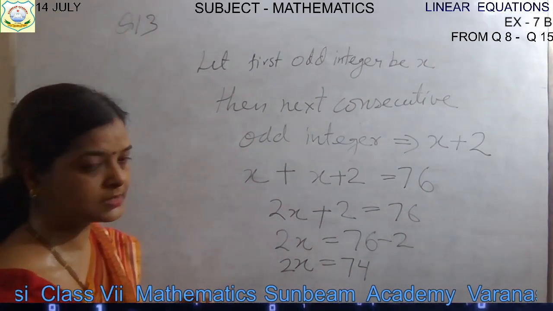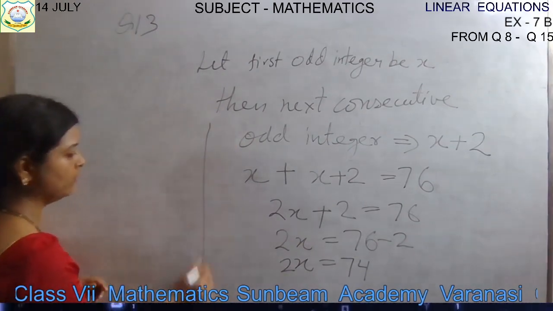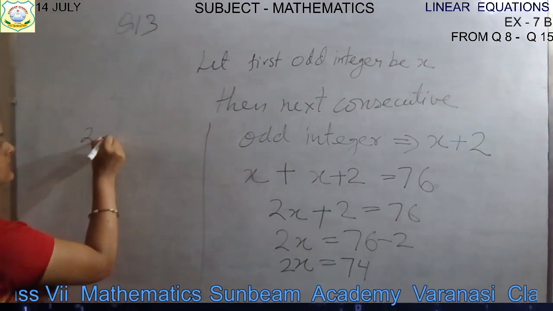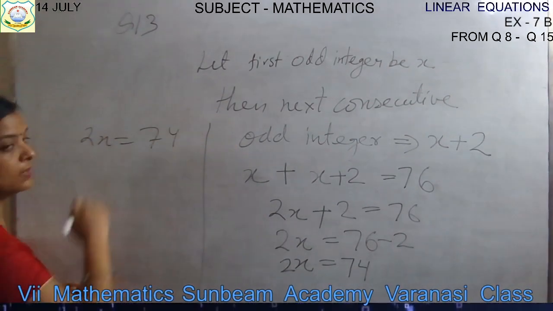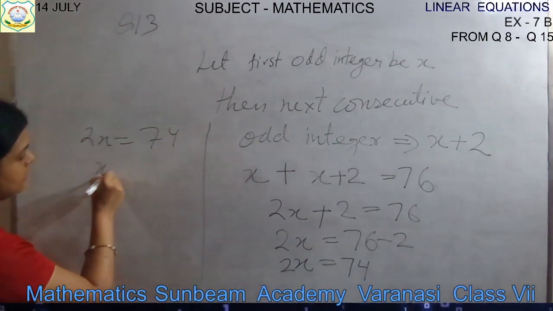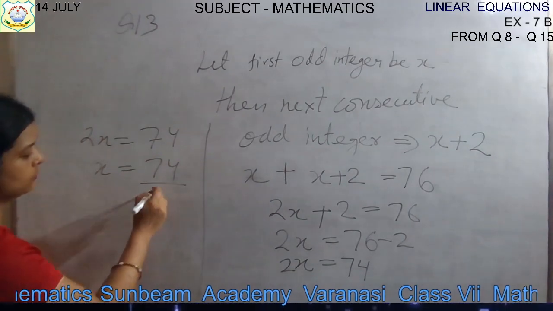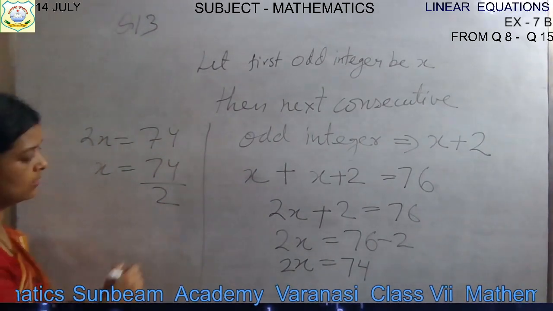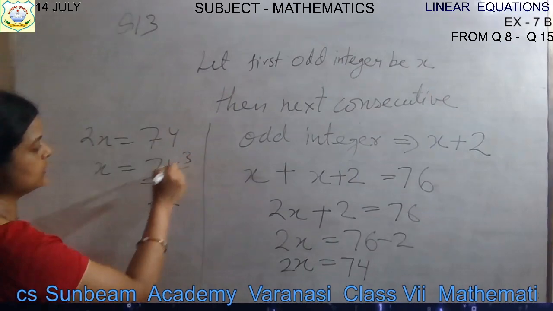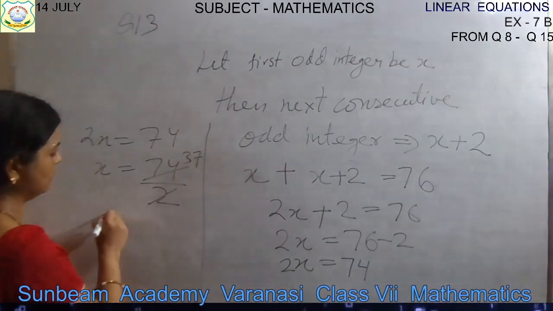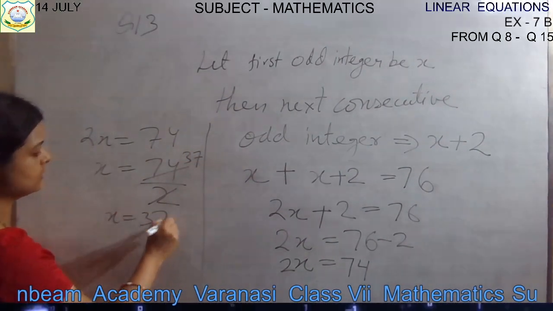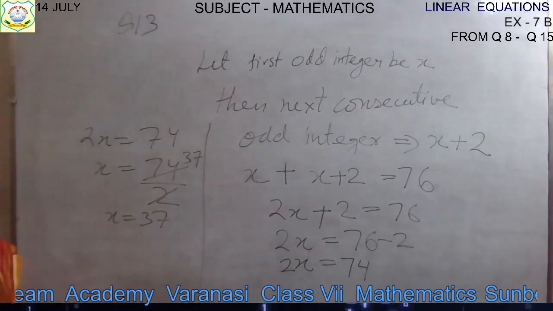Still some steps are left. This was my last step. So x is equal to 74 by what? By 2. This 2 will transpose here. Now simplify it. 2 3s are 6, 1 is left, 2 7s are 14. So x is equal to 37.